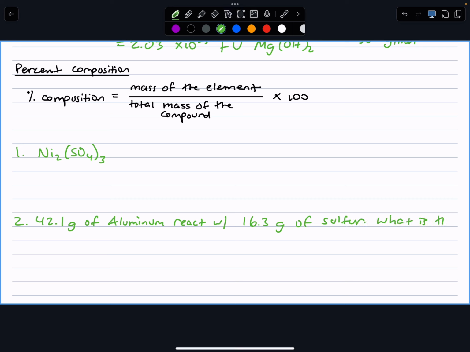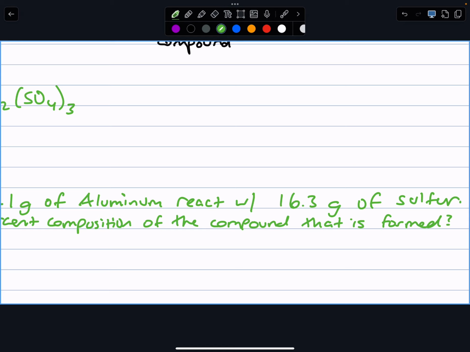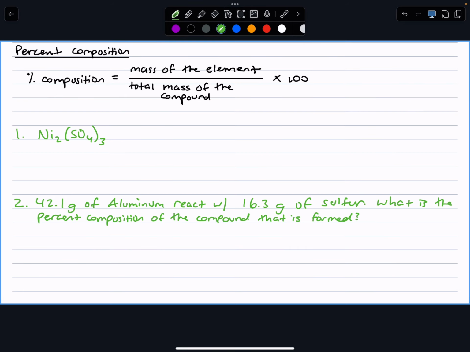What is the percent composition of the compound that is formed? You with me?